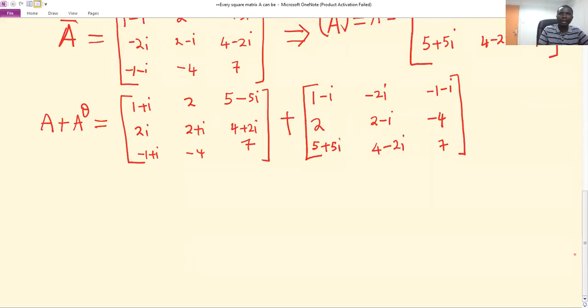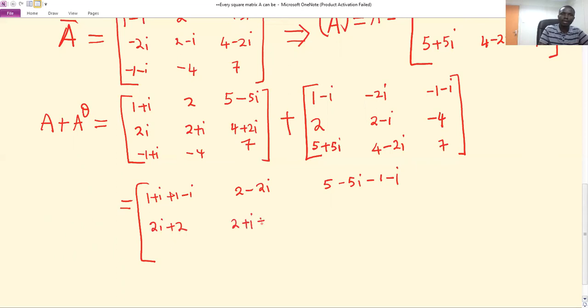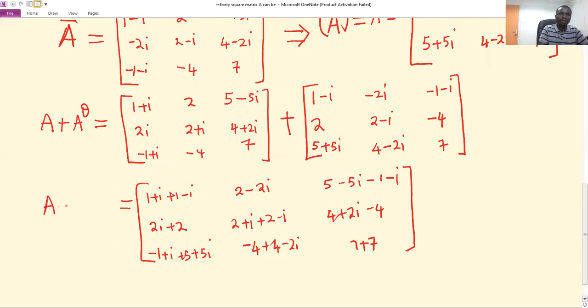So when you're adding matrices, we add element-wise. So simply add corresponding elements.